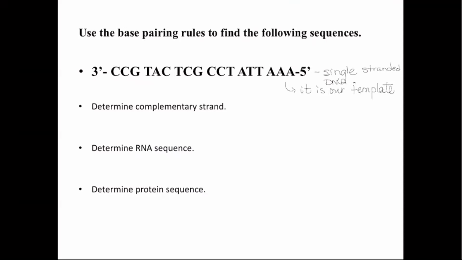Now, as you can see here, we're going to use base pairing rules to find the following sequences. The first one we're going to do is find the complementary strand for this sequence. If we are given a single strand of DNA, we will then determine what the RNA sequence of it is. Lastly, we are going to determine the protein sequence of it, okay?